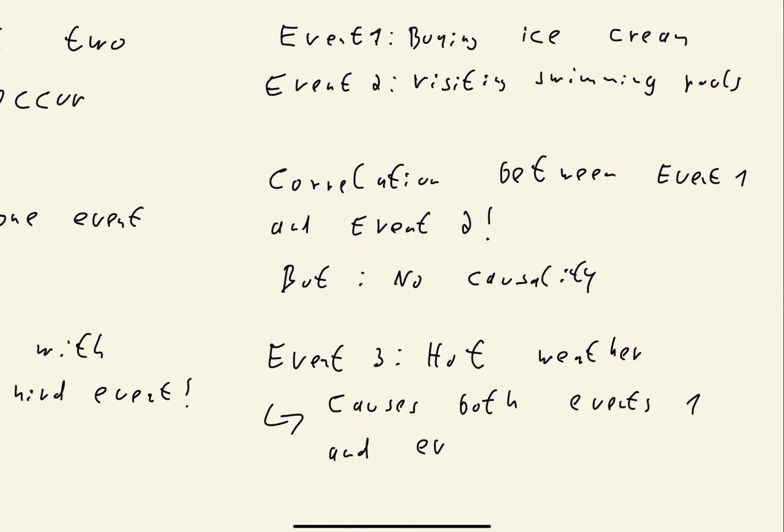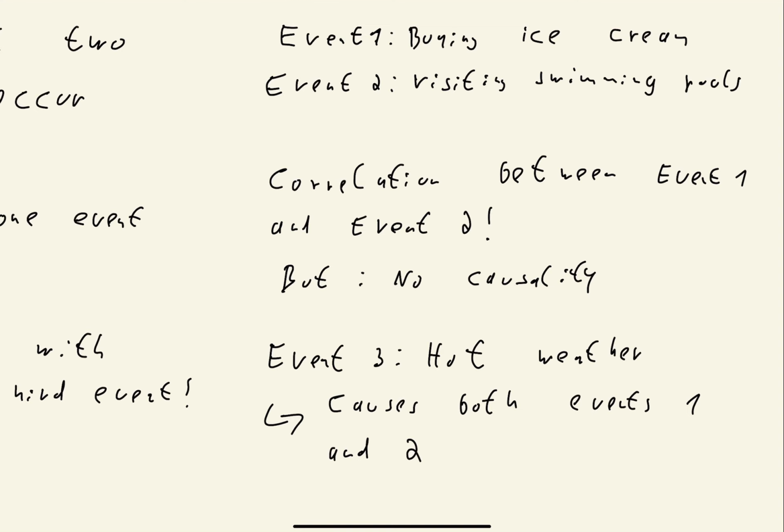Sorry, let me just correct this there. Because if there is hot weather, then people tend to buy ice cream and people tend to visit swimming pools. So the causality here is coming from a third event, which has at first glance nothing to do with the nature of the two events that I described before.